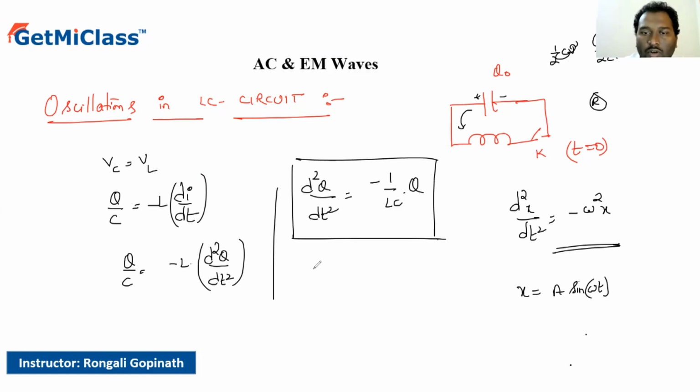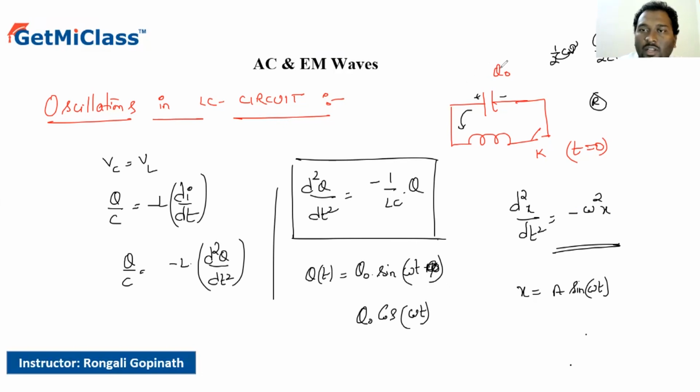So similarly over here, Q of t is equal to Q0 into sine of omega t plus phi, with the initial phase. Or it can be Q0 into cos of omega t. But let's see which one to use. In that case, we can remove the phi: Q0 into cos of omega t.